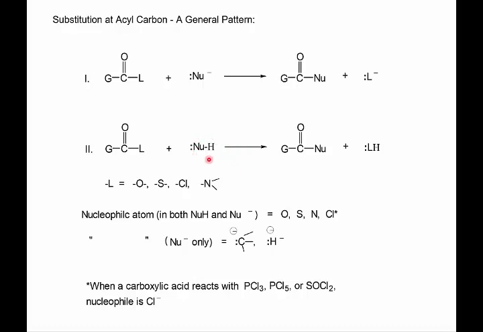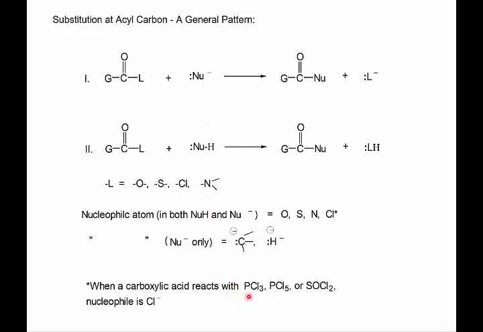This would correspond to this number 2. Water would be the H2O. The OH would be here where the nucleophile is, and then the H attached to this, and so forth. For the anion only, you can have 2 additional elements here for nucleophiles: a carbon anion nucleophile or a hydride nucleophile. We're only going to see that in this type 1 case, where we have a negative nucleophile.